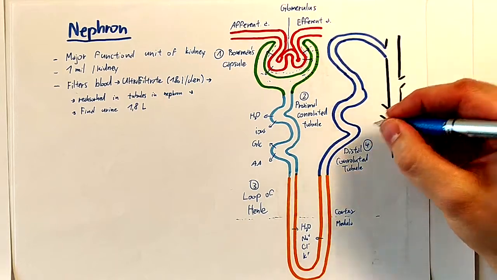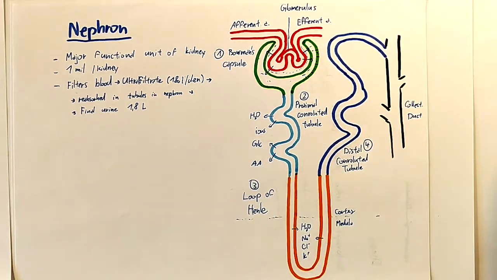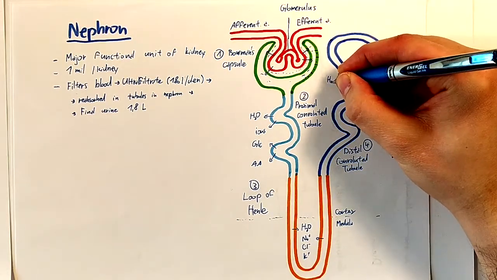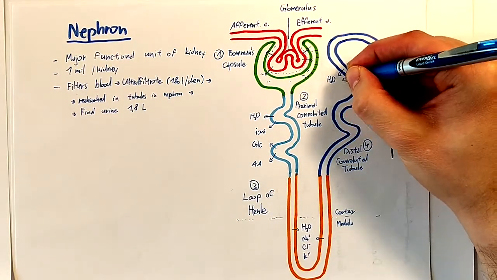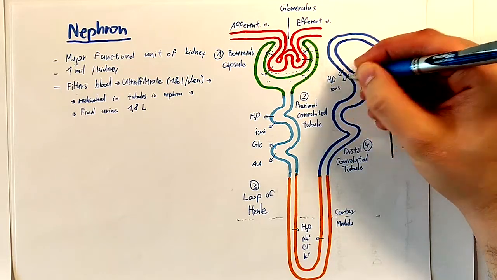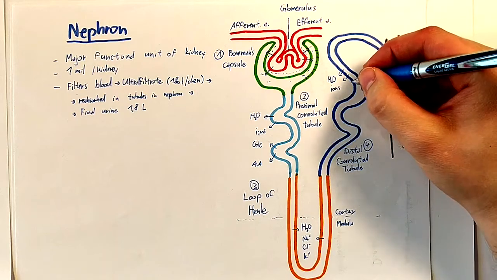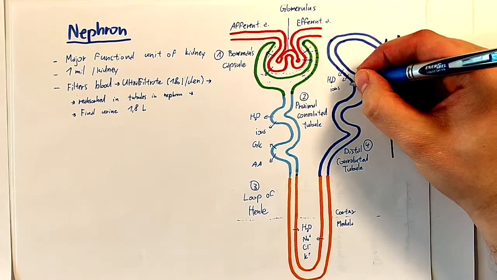Okay, so now about the distal convoluted tubule. Again, same idea. You get water and ion reabsorption here. However, I would note that calcium also is reabsorbed here.